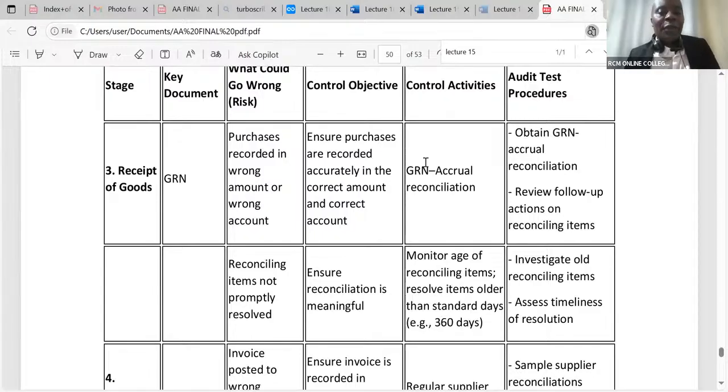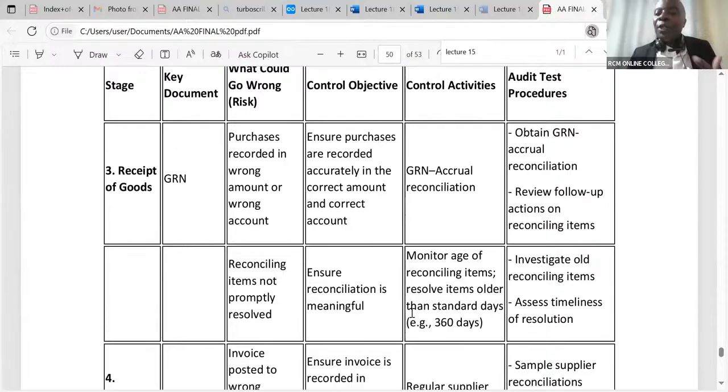Then the control activity: monitor age of non-reconciling items. Resolve items older than standard days.